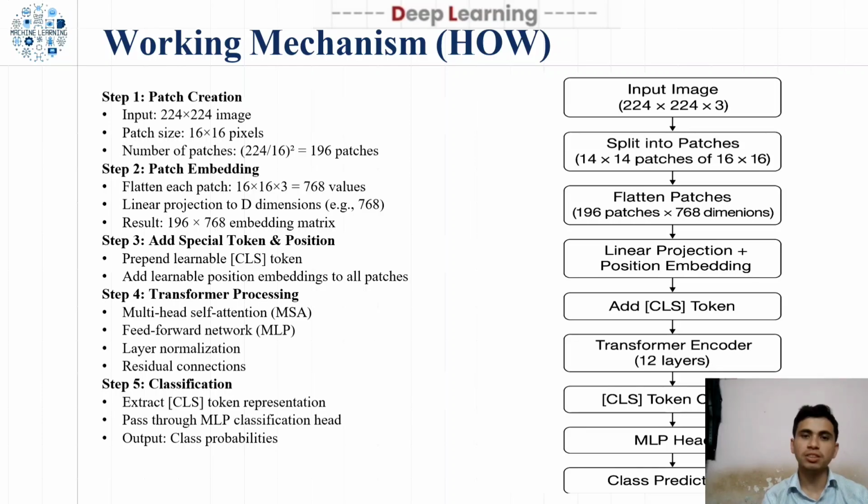Each patch is then flattened and linearly projected into a 768-dimension embedding space. We add the position embedding and a special classification token called the CLS token. This sequence is passed through the transformer encoder, typically with 12 layers. Finally, we extract the CLS token output and pass it through the MLP head to get our classification prediction.